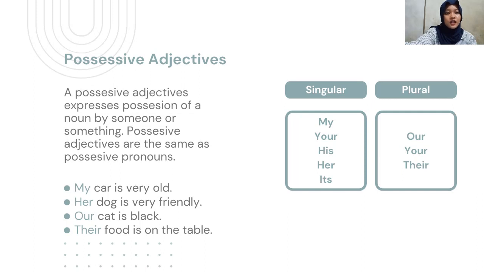Our cat is black. Their food is on the table. For singular, my, your, his, her, its. And plural, our, your, their.